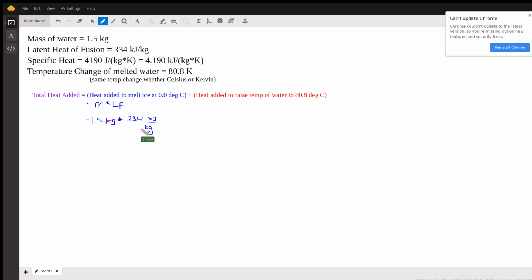Notice how the units cancel out, so you're left with kilojoules for the units in your final answer. And this value here is going to be, let's see, 1.5 times 334. That would be 501 kilojoules.